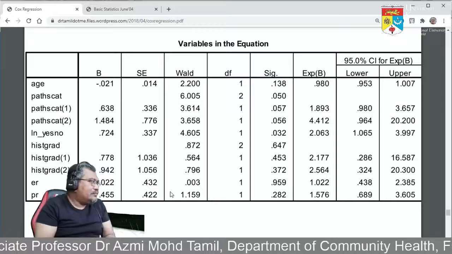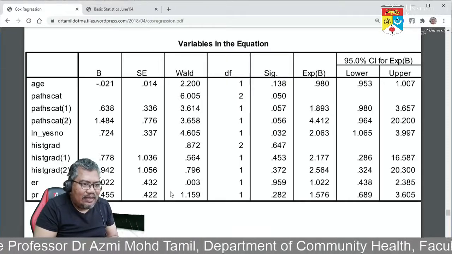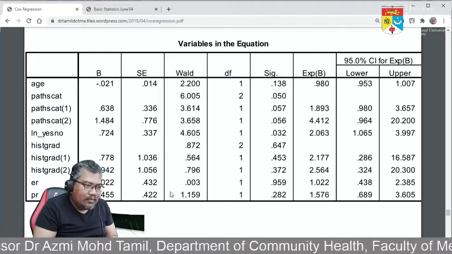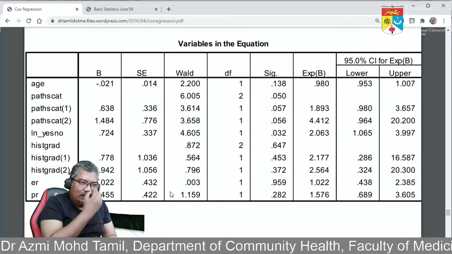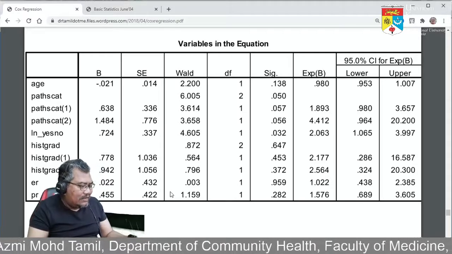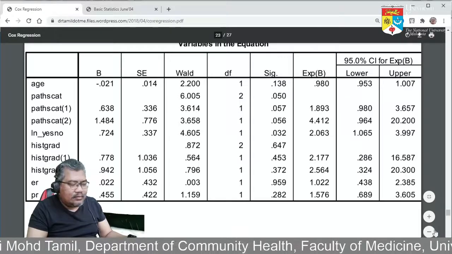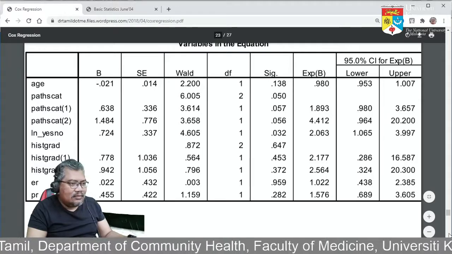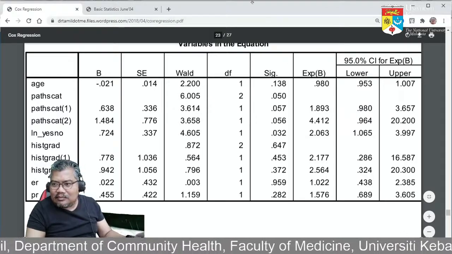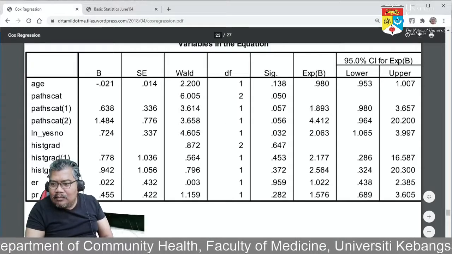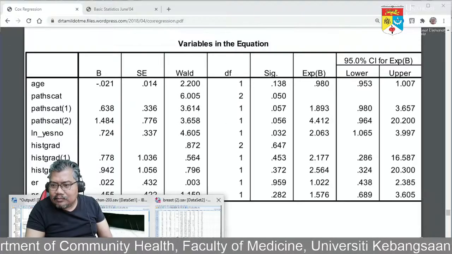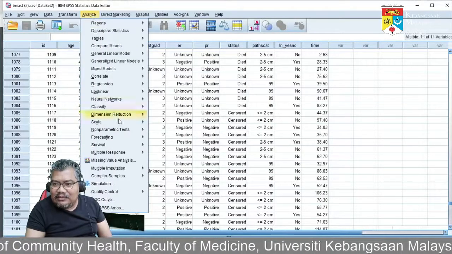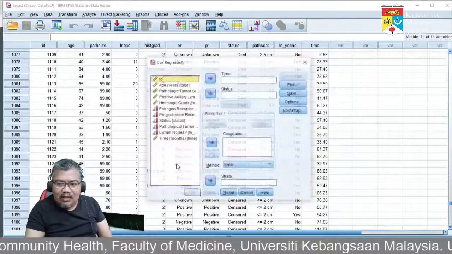Okay, so I'm going to demonstrate how to do Cox regression. We already have all the variables that we want, so let's run it. We click analyze, survival, Cox regression.